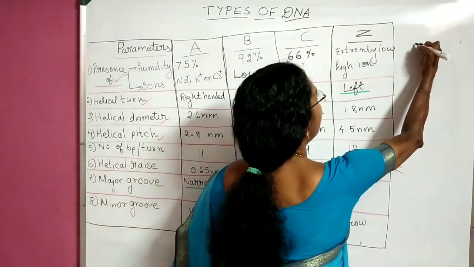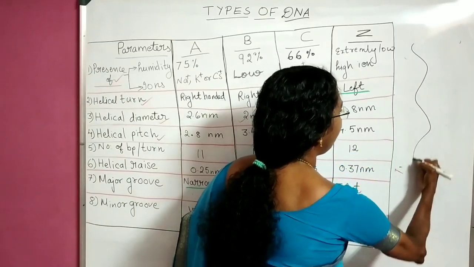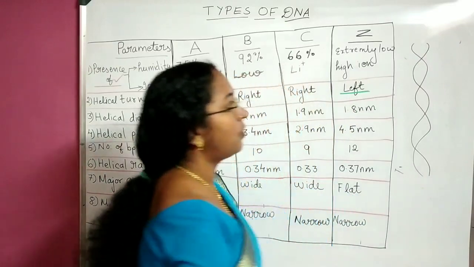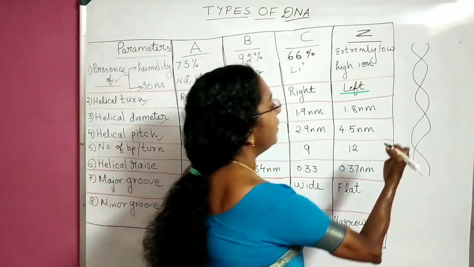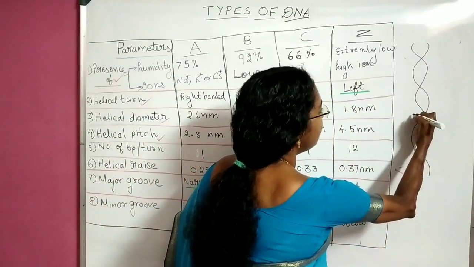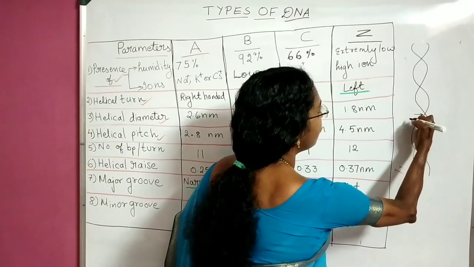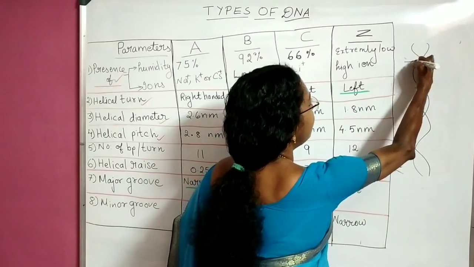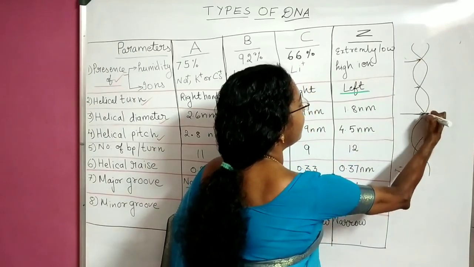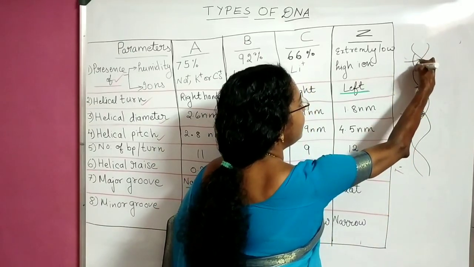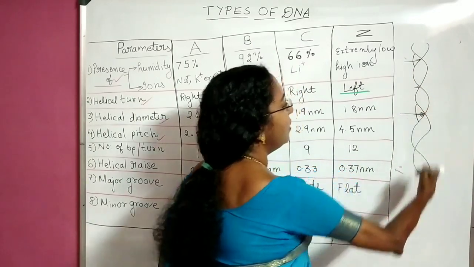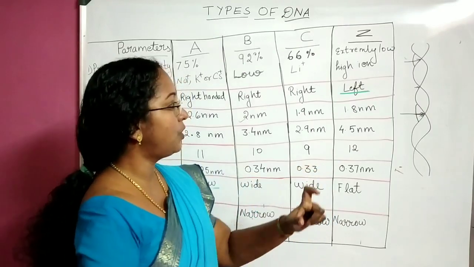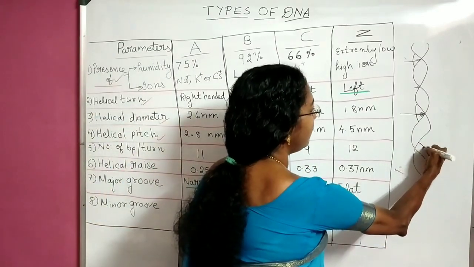See, if you're drawing a DNA molecule like this, DNA molecule is drawn like this. Here you can see the distance or the width is too large. Here it is less, and here again it is too deep and large. So this area where the diameter is very high, you call that area the major groove. Here you can see this is the major groove.